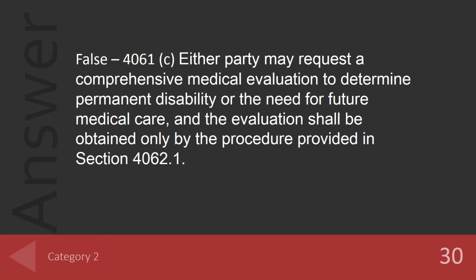They may feel that they do have some permanent impairment and they do have some residual problems. And in that circumstance, they then have the authority to request a comprehensive medical evaluation to resolve the dispute over permanent disability or permanent impairment.